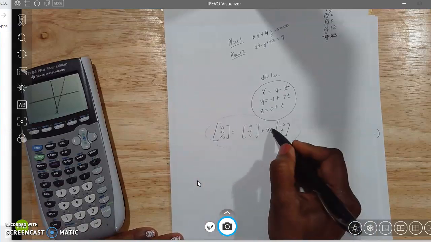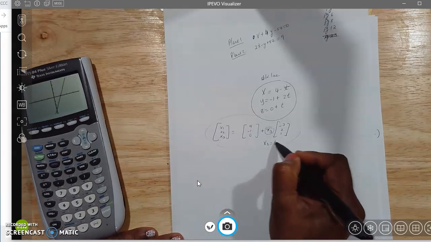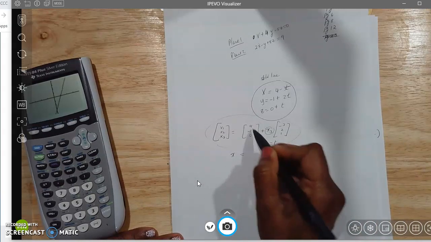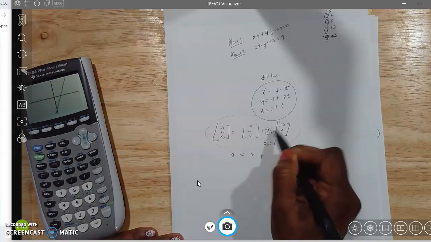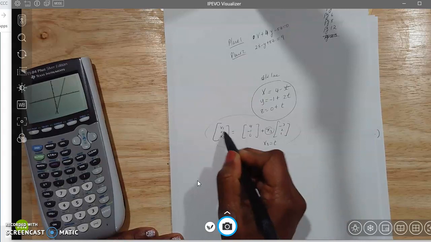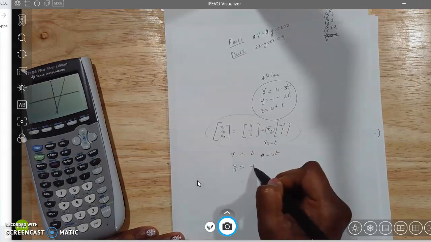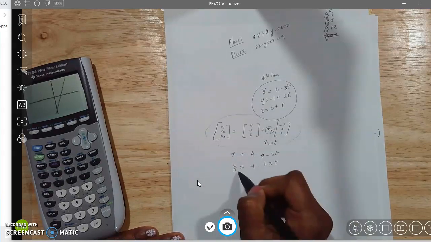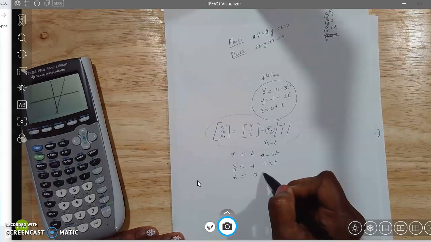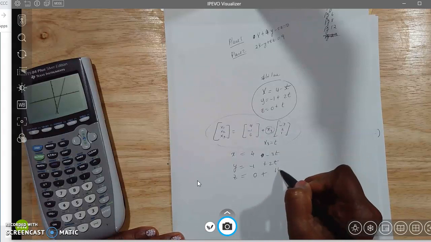If you think of this x3 as parameter t, then x equals 4 plus t times that, so it's 4 minus 3t. Then y, the second variable, is negative 1 plus 2t, and then z is 0 plus 1 times t.